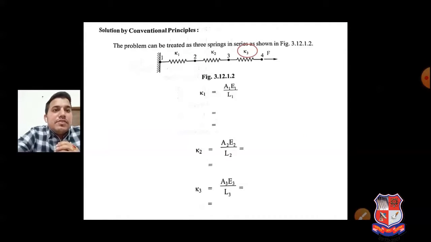Now first we have to learn the solution of the conventional principle, the same figure we are observing here. So first we have to find out the element stiffness matrices K1, K2 and K3.